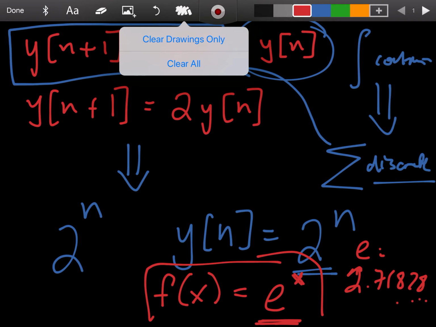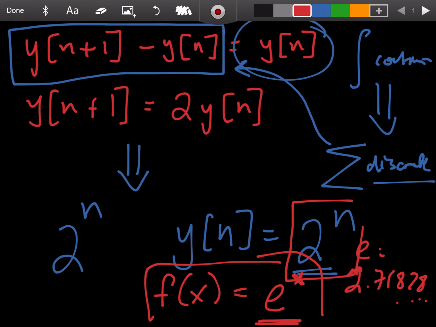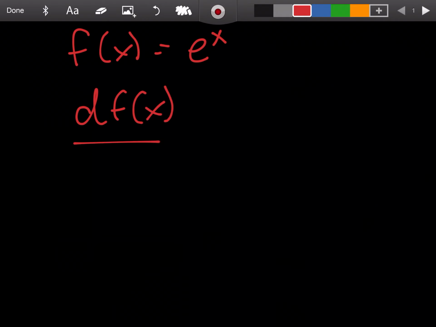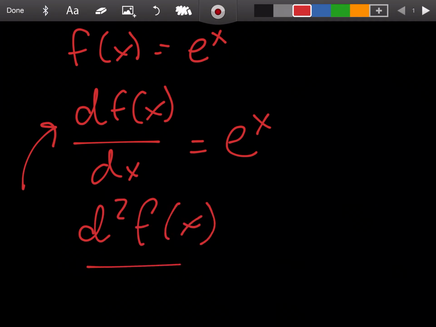And this function has the same thing: if you were to take the discrete derivative of this function, it will be itself, i.e., for the continuous case, if we have f of x equals e to the x, then df of x by dx, i.e. the derivative of this function, is also e to the x. And if you take a second derivative, d2 f of x by dx squared, it's also e to the x.